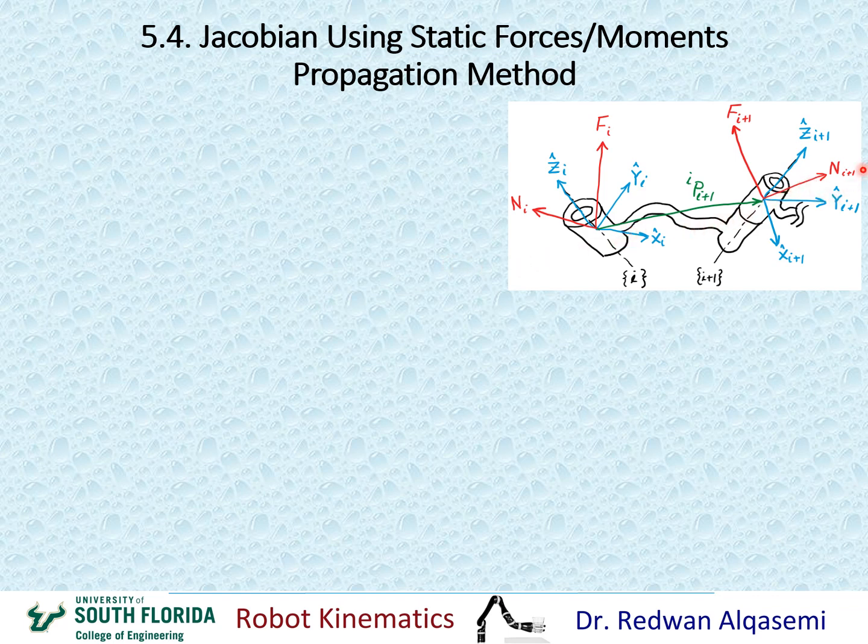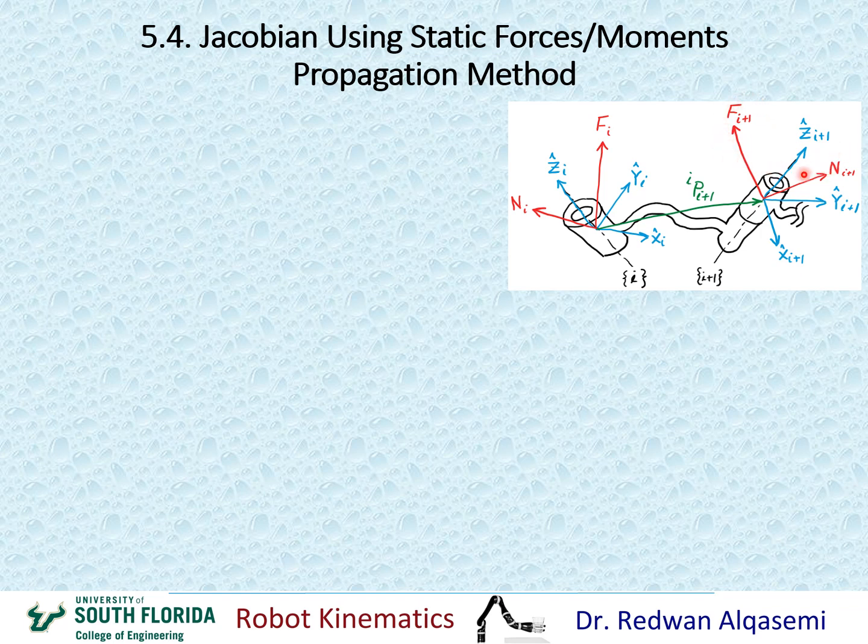Now again we have the same forces and moments defined in frame I plus 1. So Fi plus 1 is a 3×1 vector of forces exerted on I plus 1 due to I, and the moments that are exerted on I plus 1 due to I. Of course, when we represent these, if we're looking at the forces on frame I that are exerted by I plus 1, it's exactly the negative of these forces.